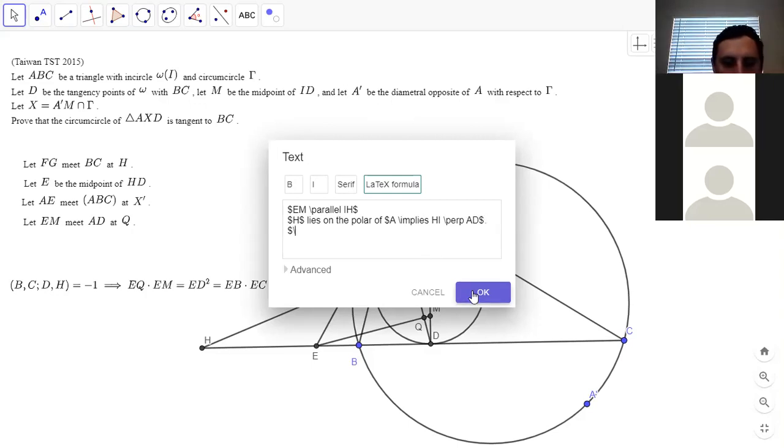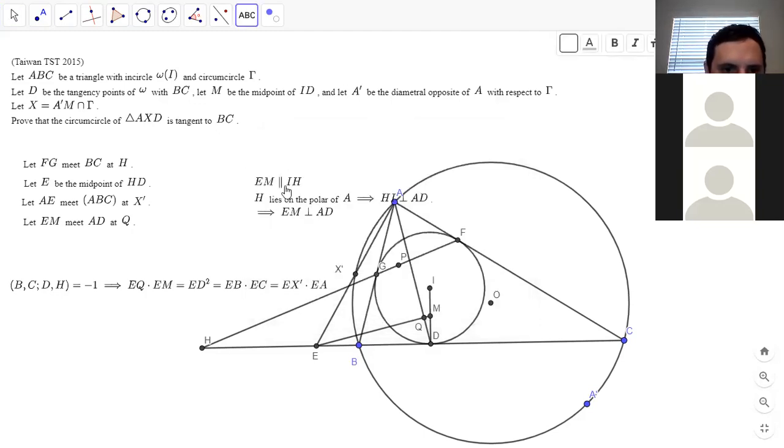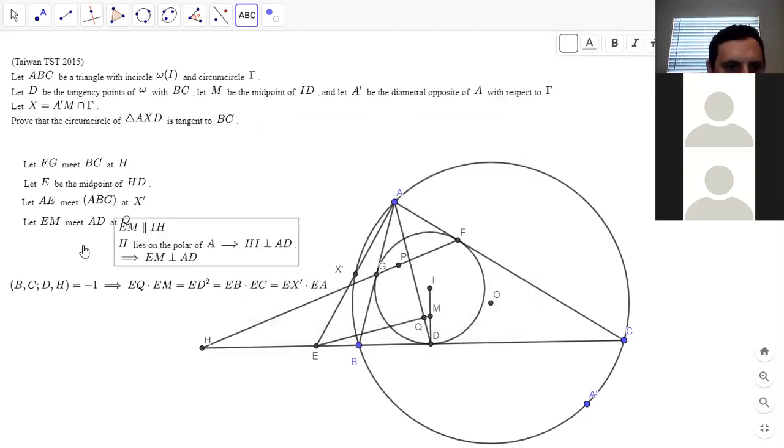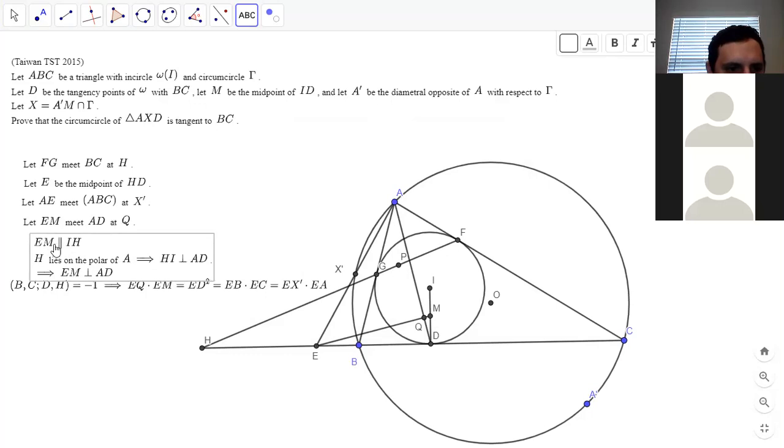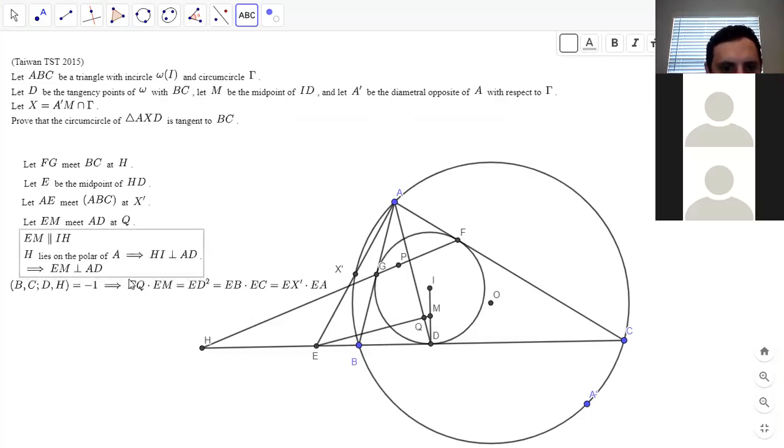And that implies EM is perpendicular to AD. So that's kind of how we get that, right? So then we have this. So that means AX prime QM is cyclic.